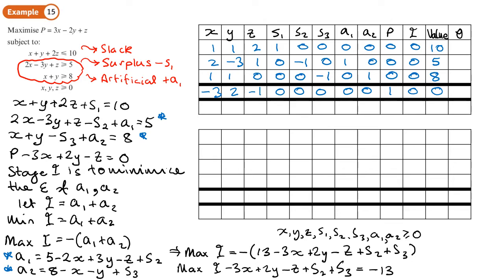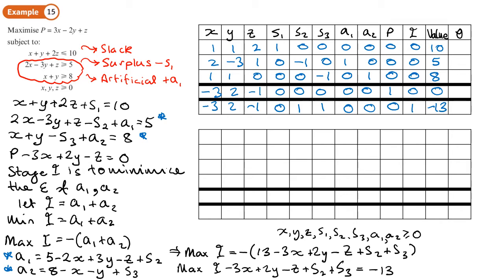And then we'll move on to our I, and we look at this down here. So I can see negative 3 for x, 2 for y, negative 1 for z. The slack variables, surplus variables are s2 and s3, no artificial variables, no P, and it has a value of negative 13.